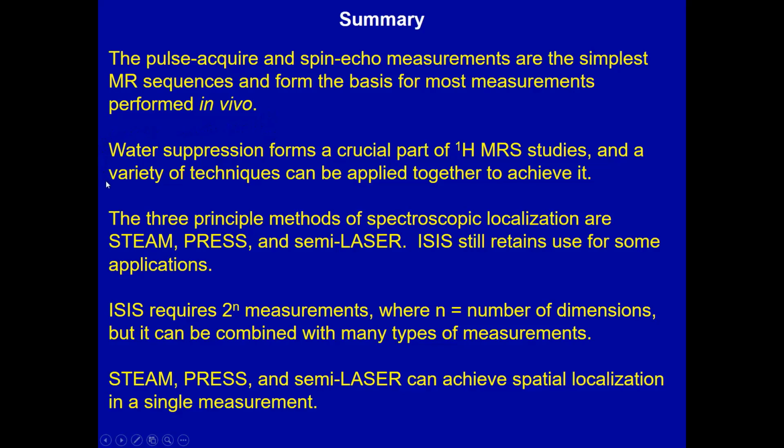So water suppression, something you don't typically do for imaging because you usually want to see the water, but for spectroscopy, very necessary. Water suppression forms a crucial part of proton spectroscopy studies. And there are a variety of techniques that we can apply together in combination to achieve it.